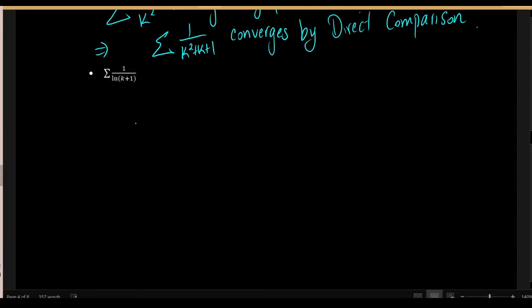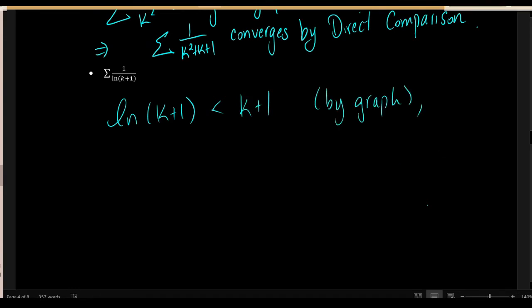So let's have a look at natural log of k plus 1. This quantity, the output of natural log, must always be smaller than the actual value that went into the natural log, in our case, k plus 1.